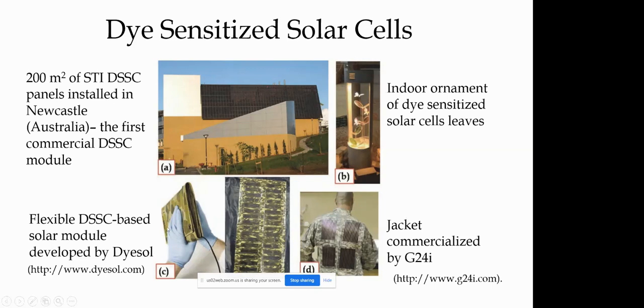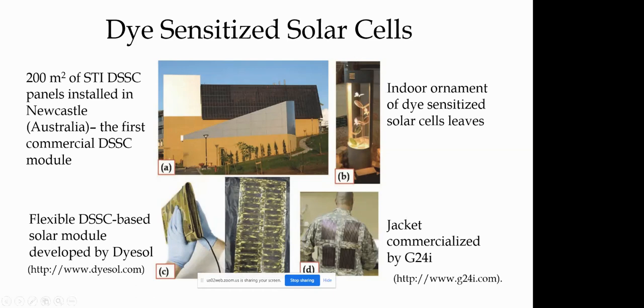For example, these are solar cells integrated with the jackets of a soldier. Those are commercially available, and you can really use them for particular applications like powering your electronic gadgets which you carry with you, right?